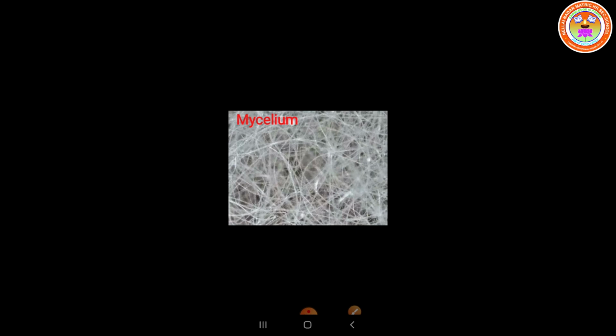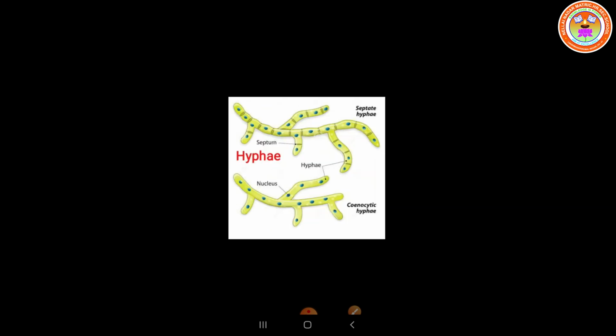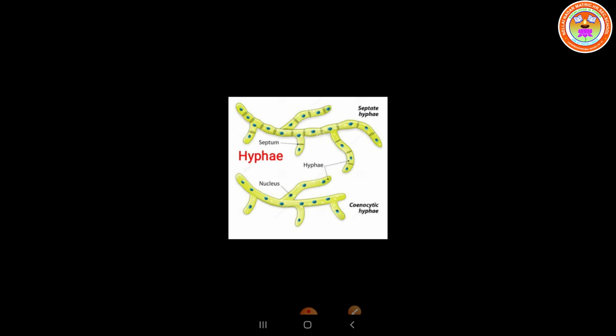Mycelium is a complex of several thin filaments. Each filament is called a hypha in singular form, hyphae in plural form. Each hypha is 5 to 10 micron in width. They are tube-like structures filled with protoplasm and cellular organelles.